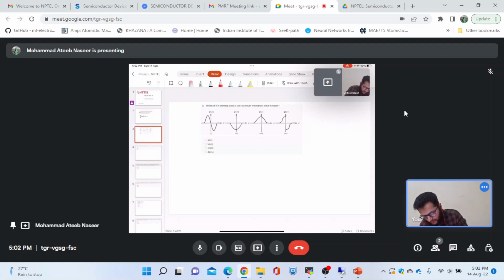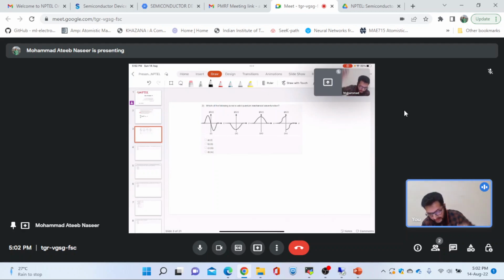Question number 2, where we were given four wave functions, as can be seen in the figure. Psi is shown, and we have to use some basic properties of wave functions here.